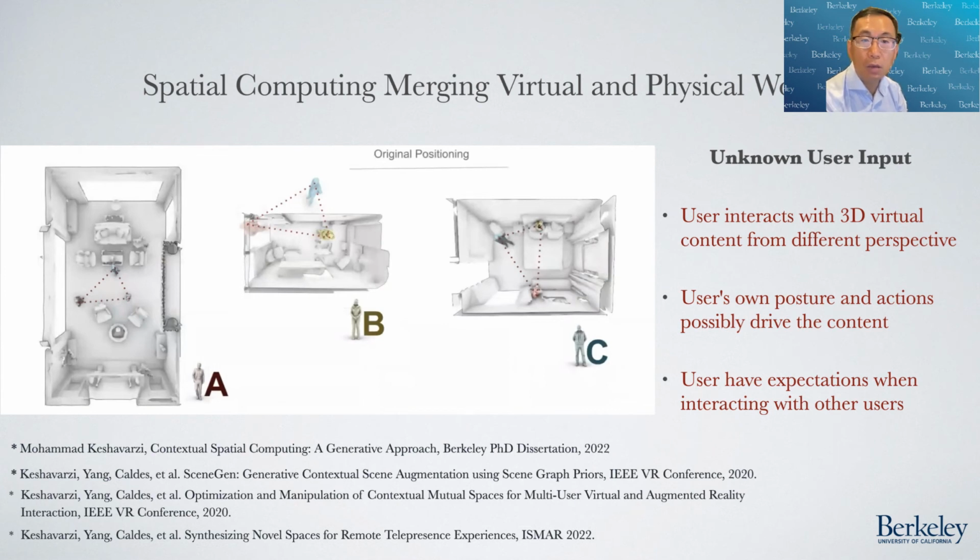But in 3D AR, because virtual assets are co-located with the physical world and the real users, if unknown user input is not carefully managed, like the example from Mohammad's PhD dissertation highlighted, one person may perceive another user during a virtual interaction by talking into a wall, or perceive another user standing in the middle of their bed.